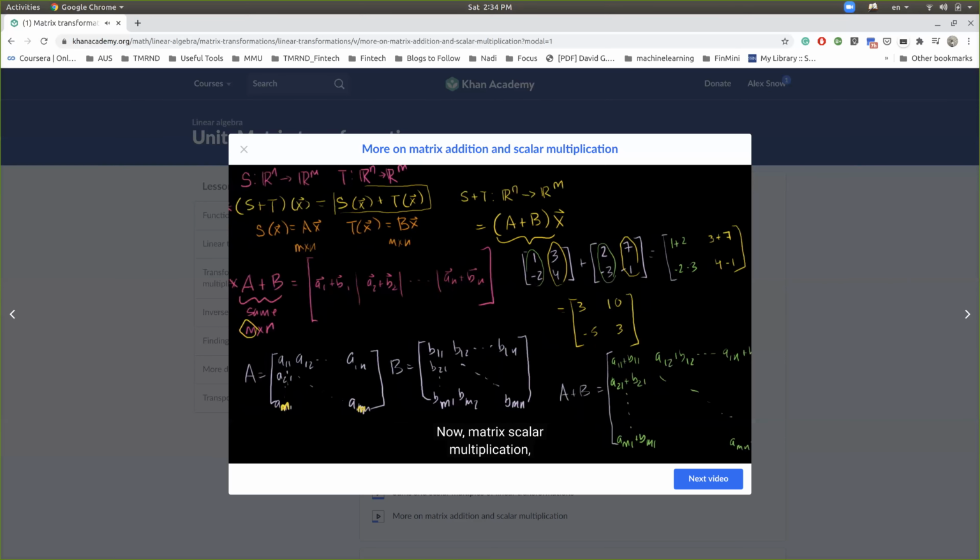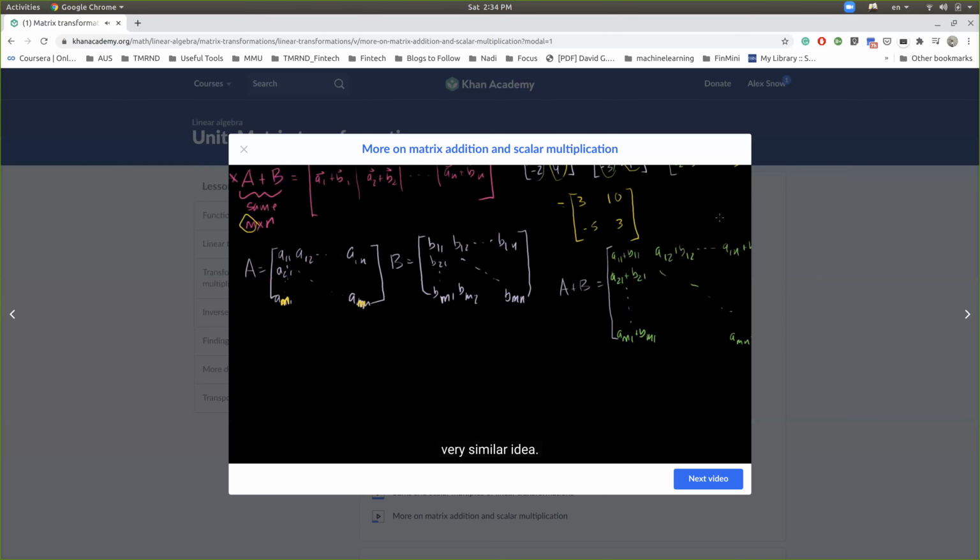Now, matrix scalar multiplication, very similar idea. We defined scalar multiplication times the transformation of x to be equal to a scalar times the transformation of x. This was a definition.